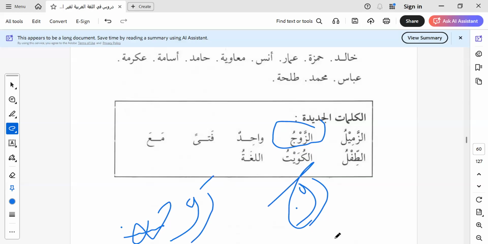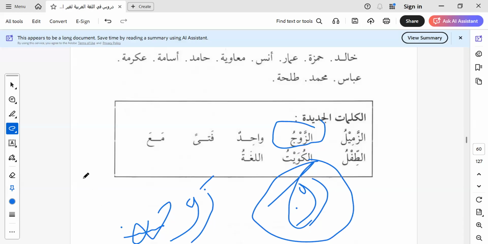But in general terms, zawj can be used to mean a wife as well. So if a man says zawji, meaning my wife, that's grammatically correct as well. However, the common way it is used is zawjun, husband, and zawjatun, wife. But zawj can mean both husband and wife.